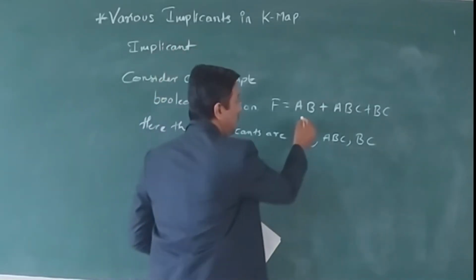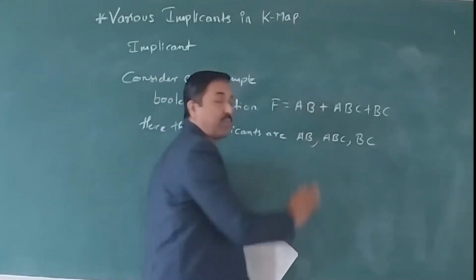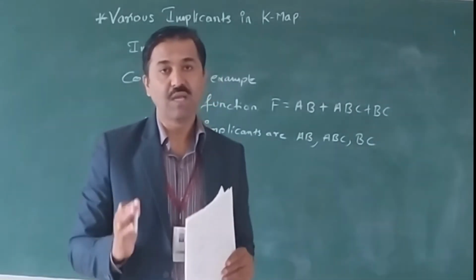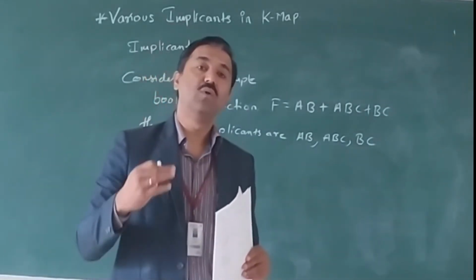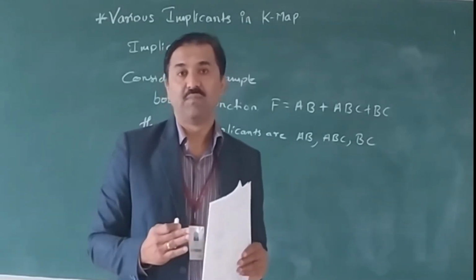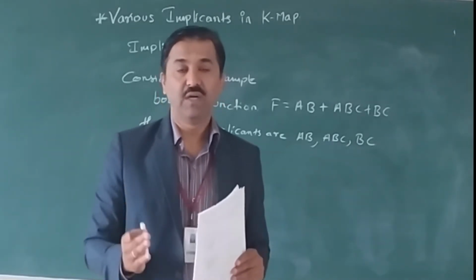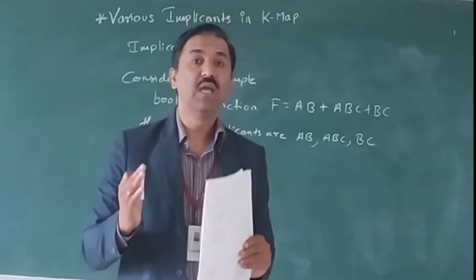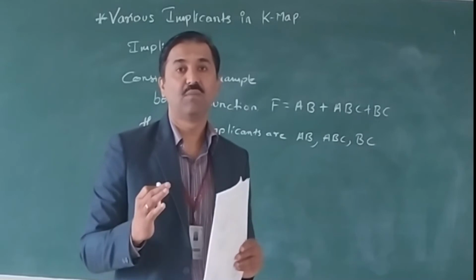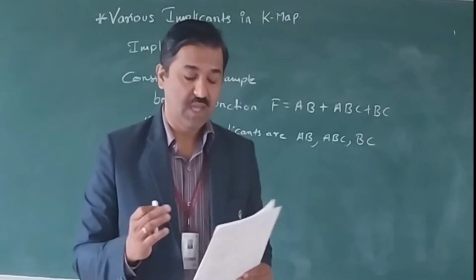So the min terms present here are AB, ABC and BC, and they are in a product form, so these three terms we can refer to as implicants. Similarly, in a product of sum form, whatever max terms or sum terms are represented in a given Boolean function are referred to as implicants. I have taken this sum of product form Boolean function just to make you understand what we mean by implicants.